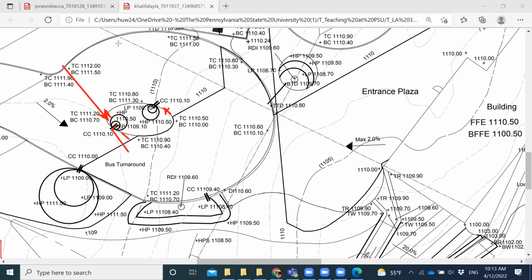That's how much area you would be able to capture if your curb cuts are in those locations. Does that make sense? Yeah. First thing is change the curb cut locations. This is okay, but moving it down just a tad would help you capture a little bit more water.